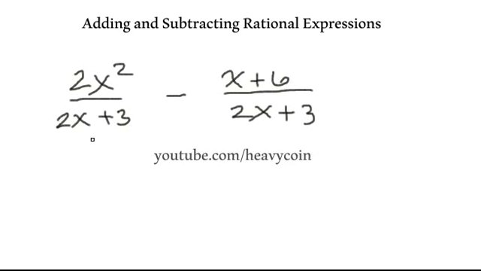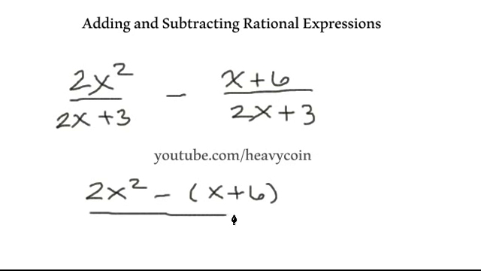We have a common denominator, so we can just rewrite the numerators. So 2x squared minus, I'm going to start a parentheses here, and the reason for that is because of this minus sign here. It's something that sometimes students just forget to do, and that is distribute this minus across.